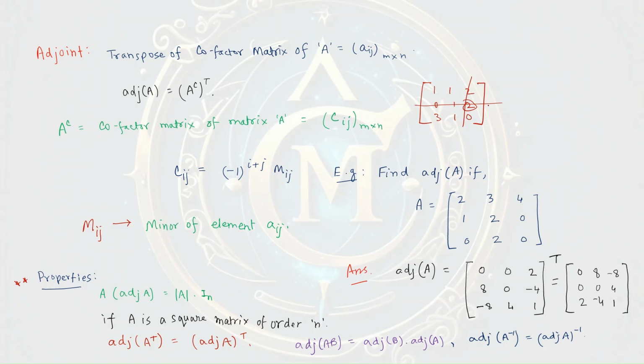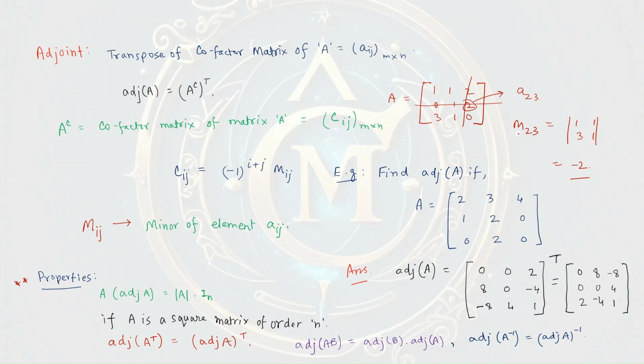If we denote this matrix as A, this element is A23. So to calculate M23, the minor of element A23, it becomes the determinant of 1 1 3 1. So it will be equal to 1 minus 3, so minus 2.